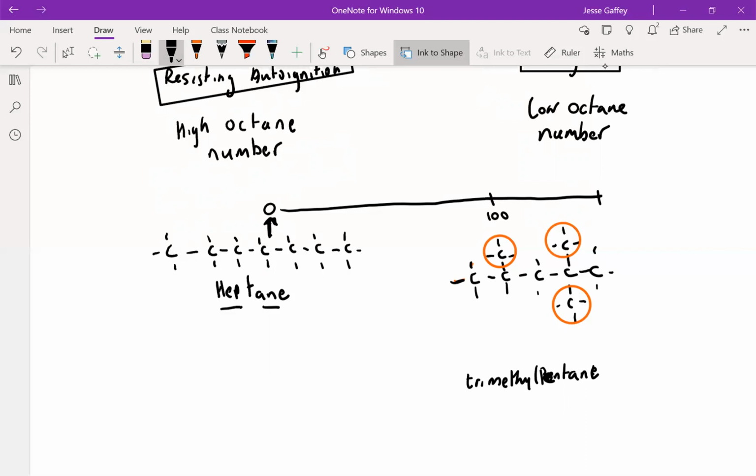Well, we number the carbons starting with the end which will give us the lowest numbers for the branches. So this is going to be carbon 2 here and carbon 4 here. So it's going to be 2,2,4-trimethylpentane. So heptane, we say, has an octane number of 0.